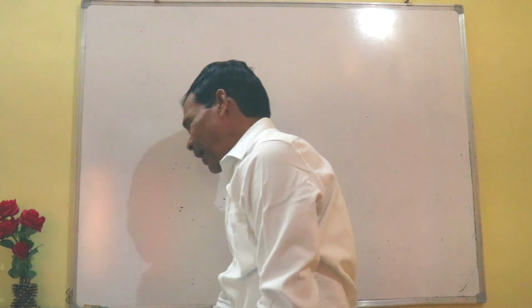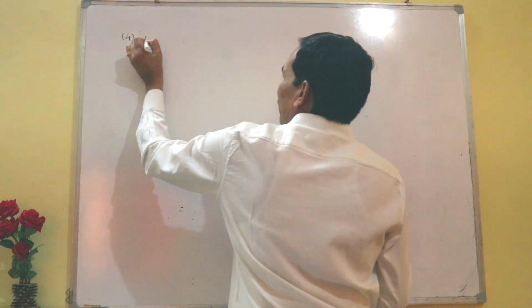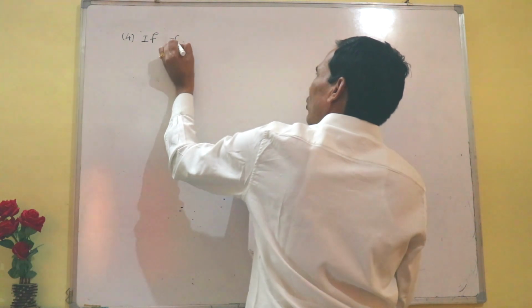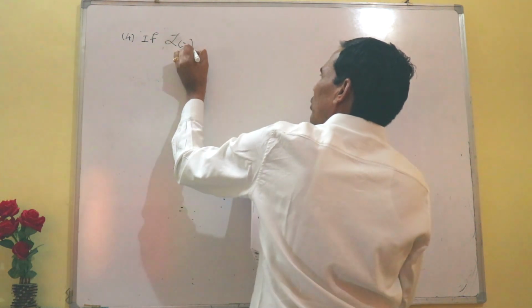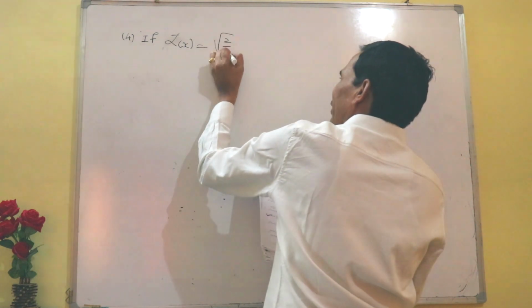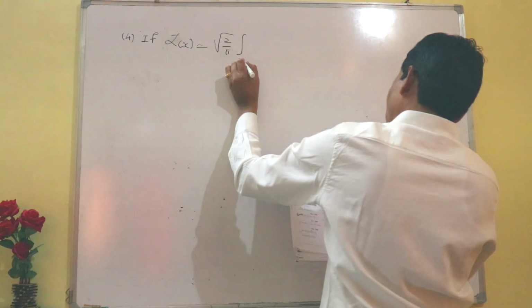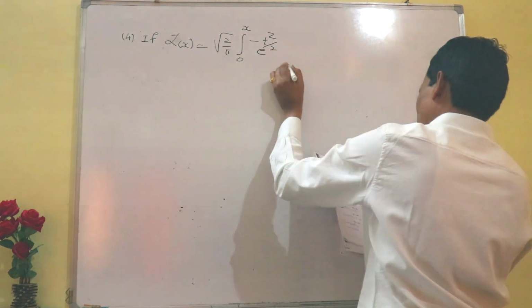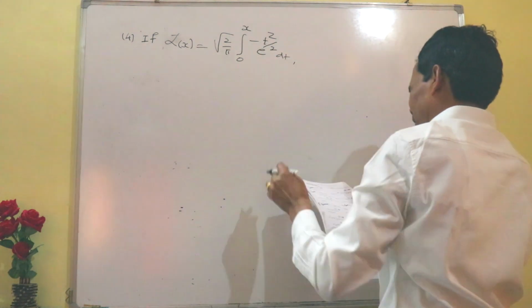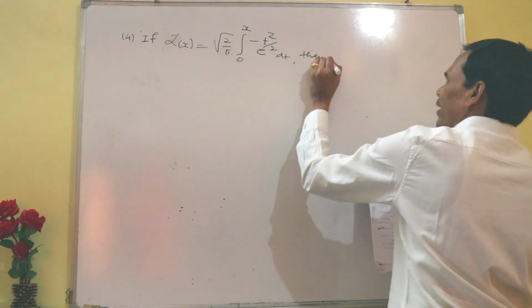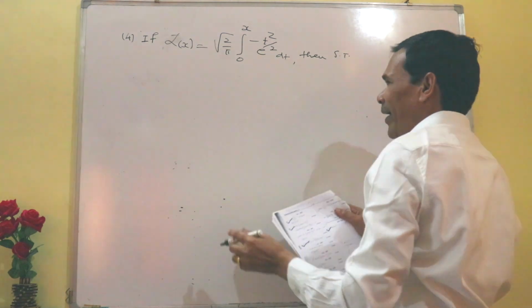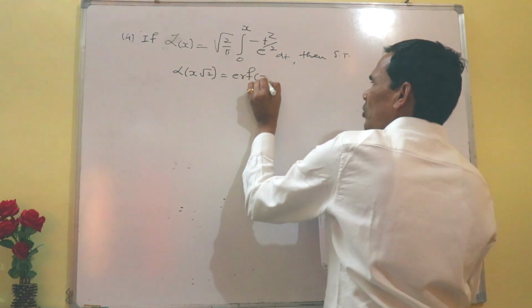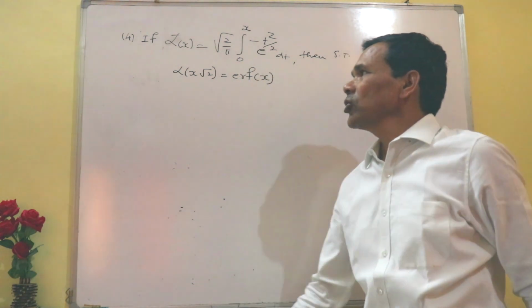Next example, problem number 4: if alpha x is equal to root 2 upon pi, integral from 0 to x of e raised to minus t square by 2 dt, then show that alpha x root 2 is equal to error function of x. Alpha x root 2 is equal to error function of x.